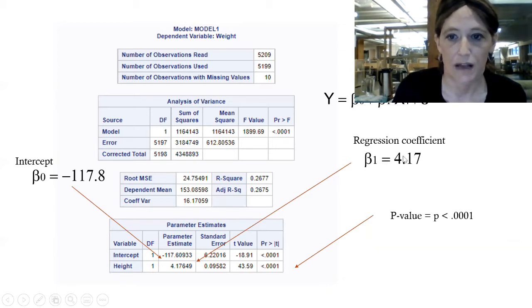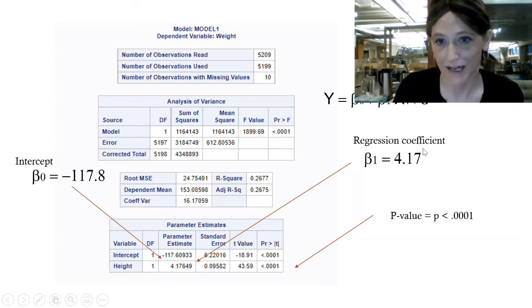It's saying that as height increases, there is a positive increase in y, a positive increase in weight, just like we saw with the correlation. However, the linear regression model actually says by how much. For every 1 inch increase in height, we would expect a 4.17 pound increase in weight.